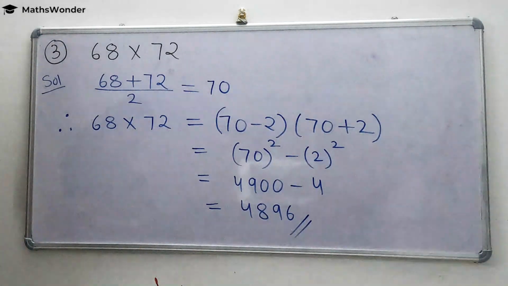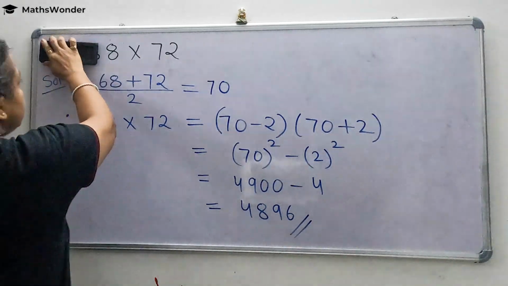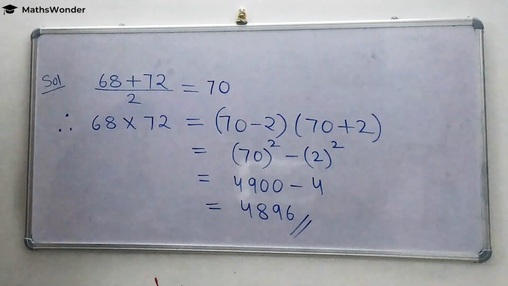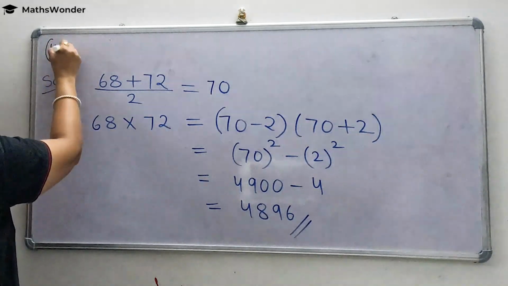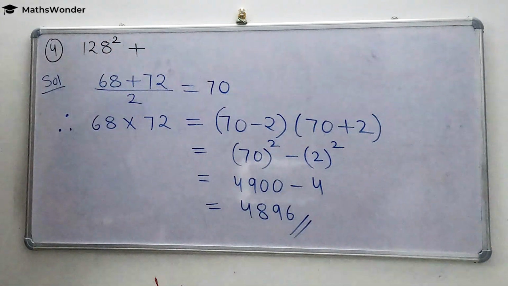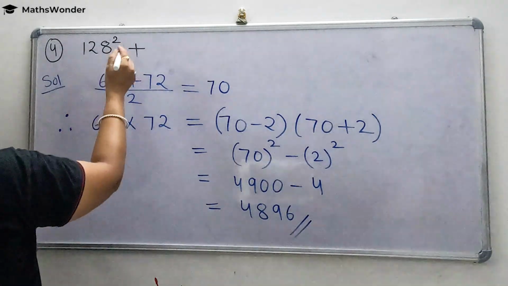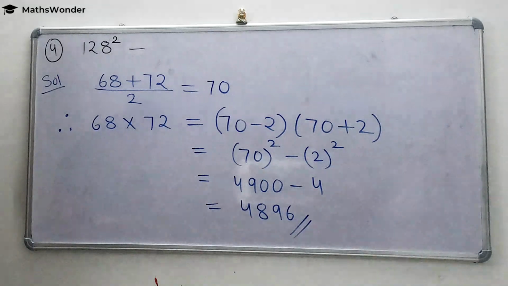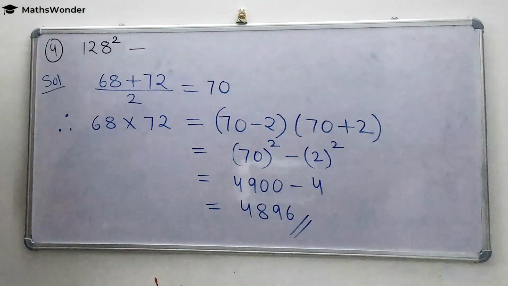Suppose the next question, the fourth one, is 128 square minus 77 square.